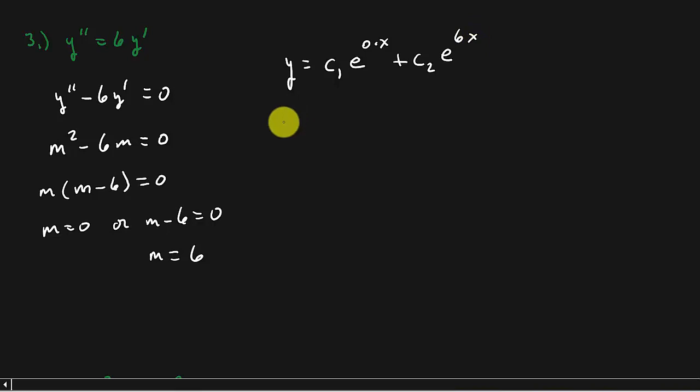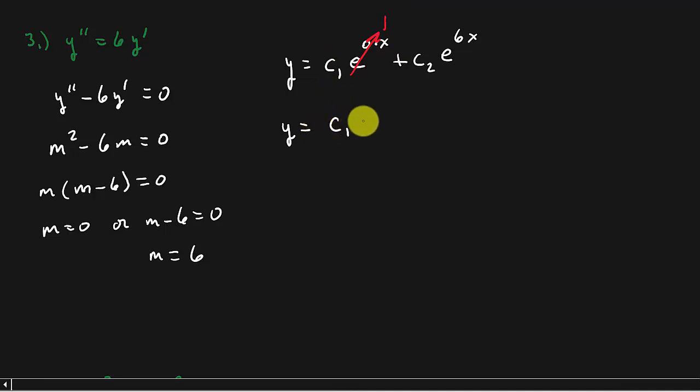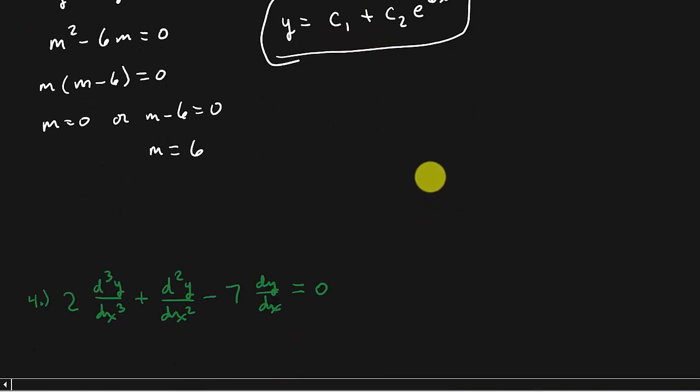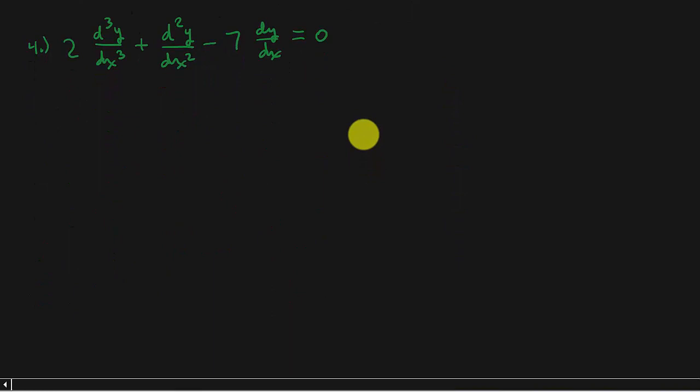And so that's going to give me y equals, now remember, e to the 0 times x is e to the 0, which is 1. 1 times c1 is c1, plus c2 e to the 6x. And there's your answer. That's what I was talking about. This video and the next video could have been done in one video, because you can see this one doesn't take long.